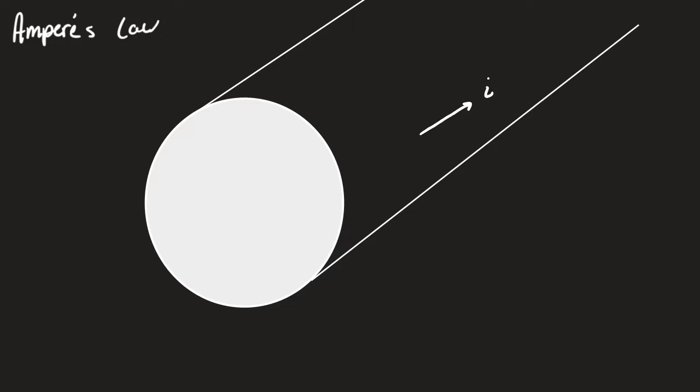The question tends to be, what is the magnetic field inside the wire due to the motion of the charged particles as they pass through the wire? I'll say it again. They ask, what is the magnetic field inside the wire due to the motion of the charged particles passing through the wire?